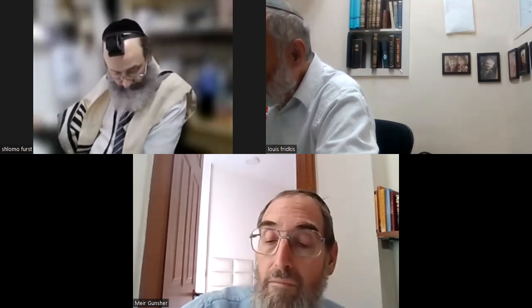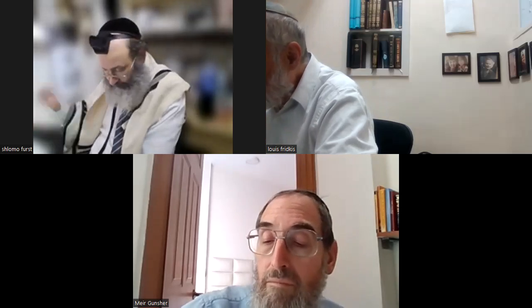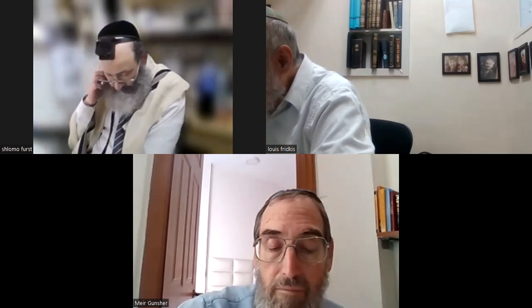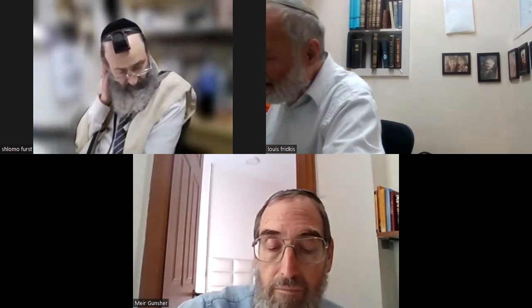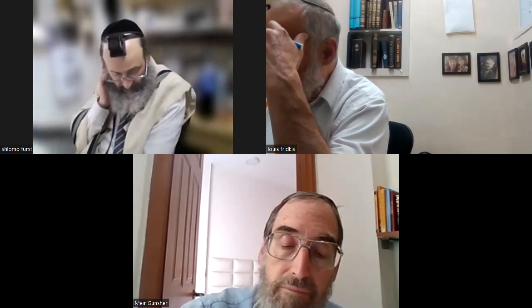So the sukkah's shade is the shade produced by the schach, correct? That's right. So if the schach of the sukkah is more than 50%, then it's kosher, given that the tree's sunlight is more than its shade.